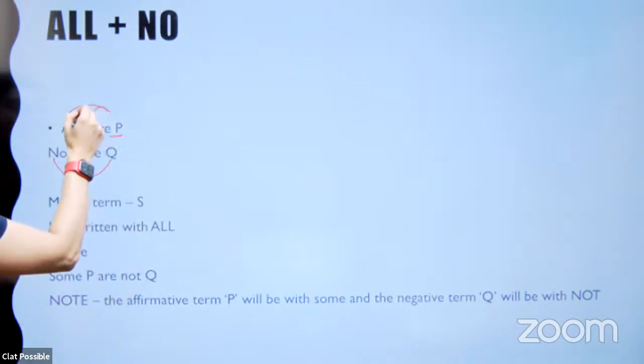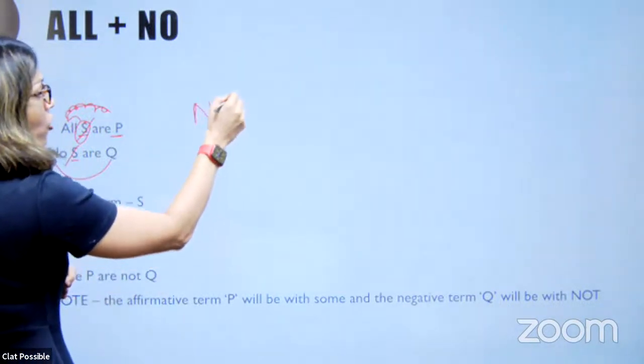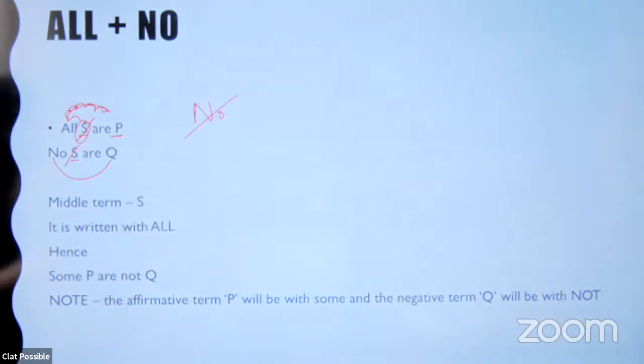So that means P is not distributed. So now I cannot get a no answer. That means "all" cannot change to "no".